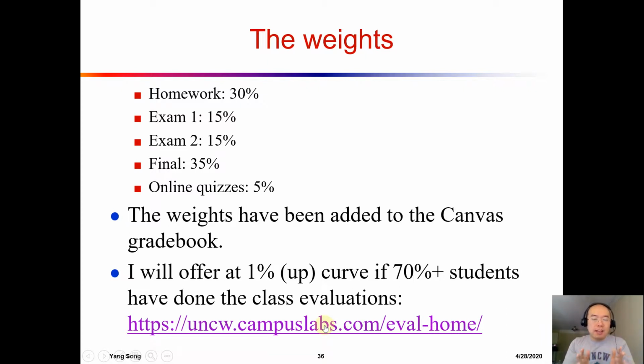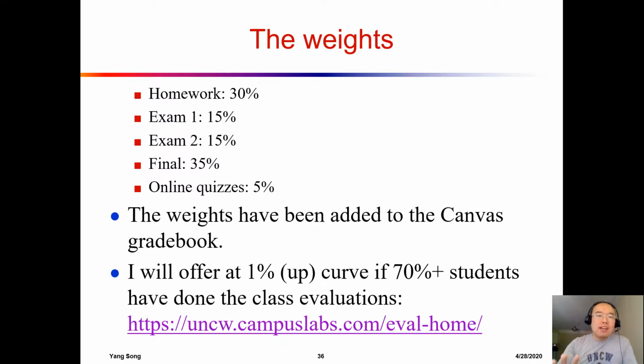Okay, so that is not the final total weighted score, but the total weighted score on the available posted scores. And another very important thing, I have a favor to ask. Please click on this link and do the class evaluation. If I have more than 70% response rate, I will offer 1% up curve for everyone.